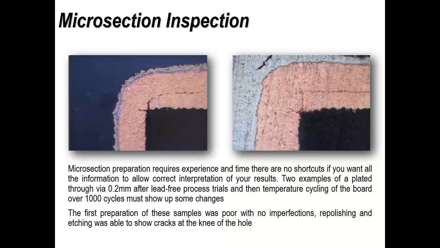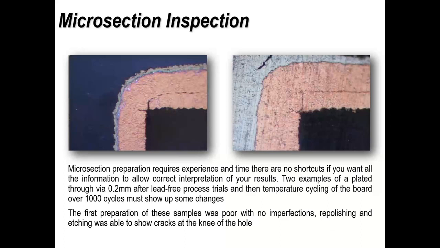So on the right-hand side, you can see another example where you can see a very small micro crack. Again, at the same point in the corner, and just a little crack. Again, that is very unlikely to fail, and it certainly wouldn't change any of the electrical characteristics or the resistance of that particular via hole. But that's evidence that something has happened.